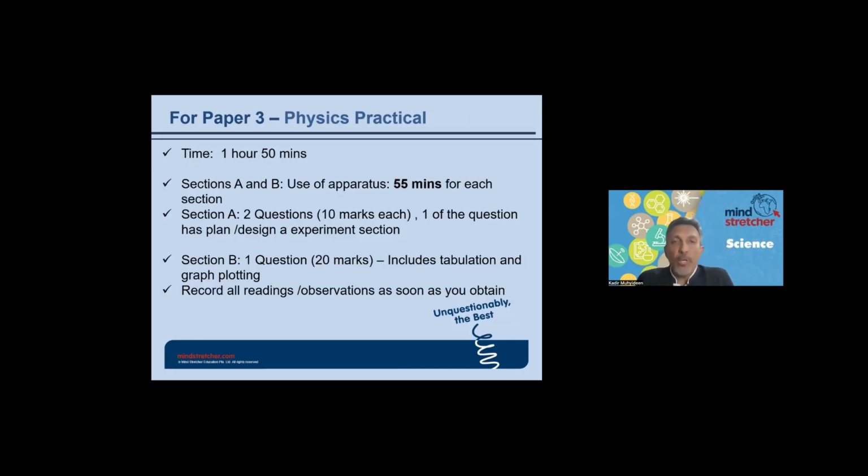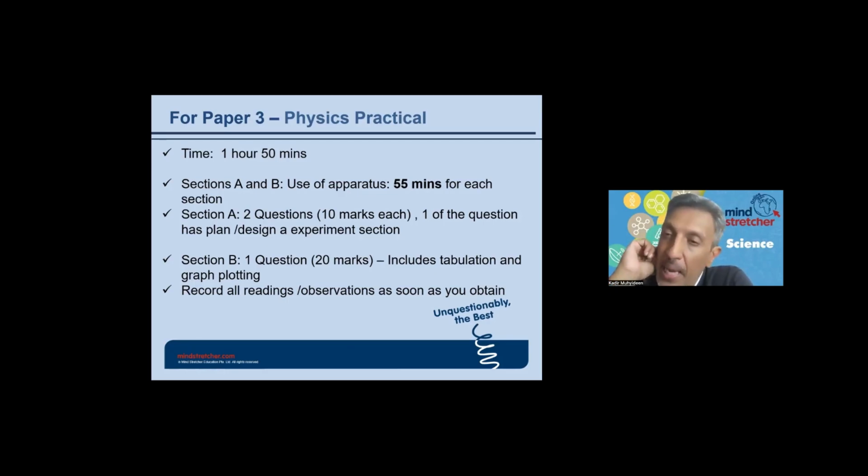So, guys, how does the paper format look like? For pure physics, there's a section A and a section B. Generally, you are allowed to use the apparatus for section A for 55 minutes, and for section B, 55 minutes.